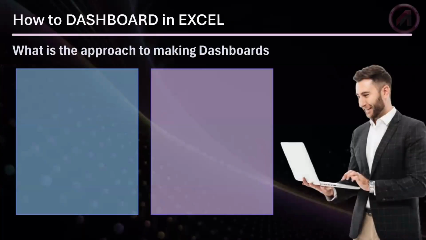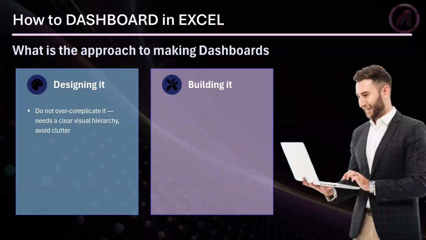So what's going to be our approach to this design? There are two things: first of all, the design of it and the build of it. Don't overcomplicate. As we just saw, you want a clear visual hierarchy within that dashboard. Number two, be aware of branding. I'll get to the color palette in a minute. It's one of those things hidden in Excel that you didn't necessarily think was required, because when many of us think of Excel, we just think of conditional formatting: green good, red bad, amber maybe.